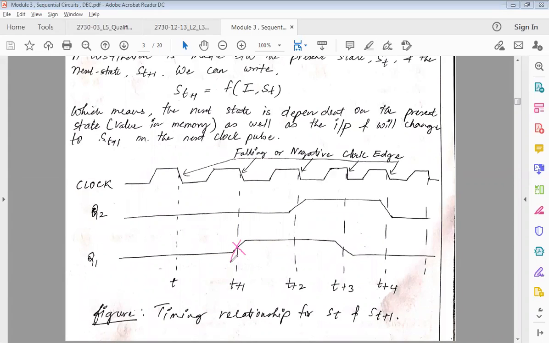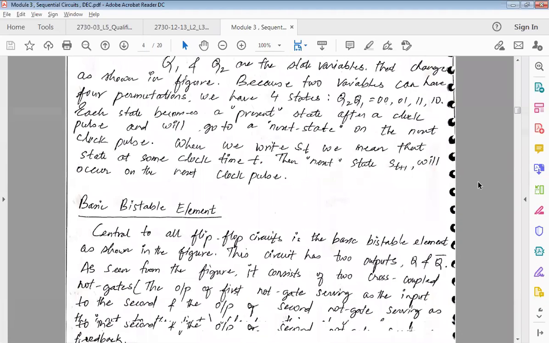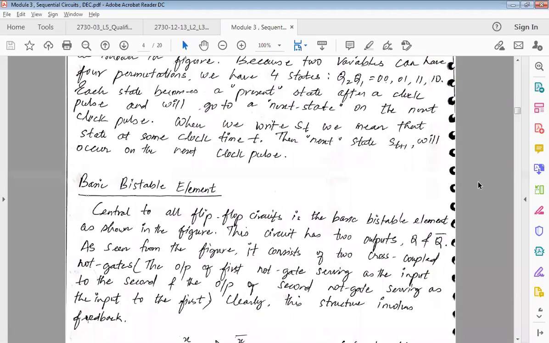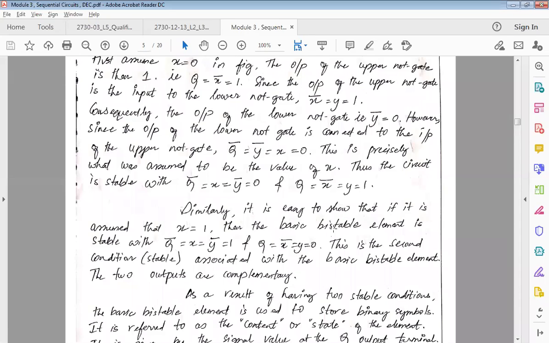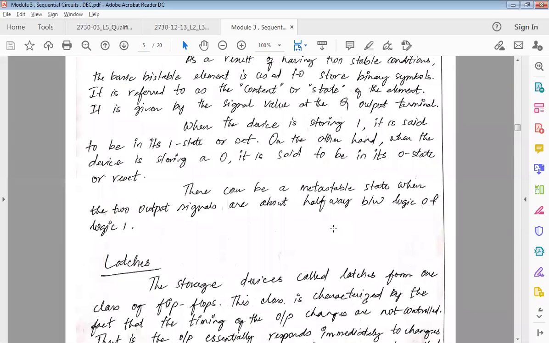It is not 0, nor has it reached the high value 1. It is in between, right? So this can be termed as your metastable state. I hope you are able to follow the concept of metastable. So this is about your basic bistable element.